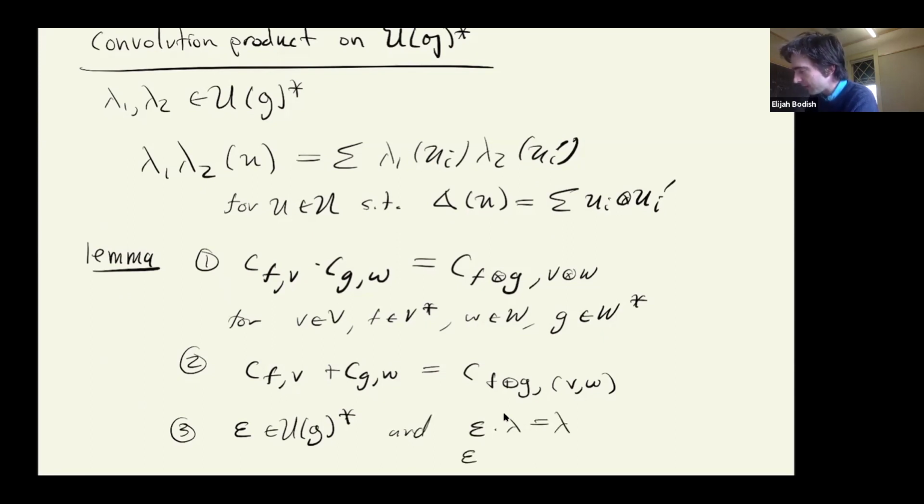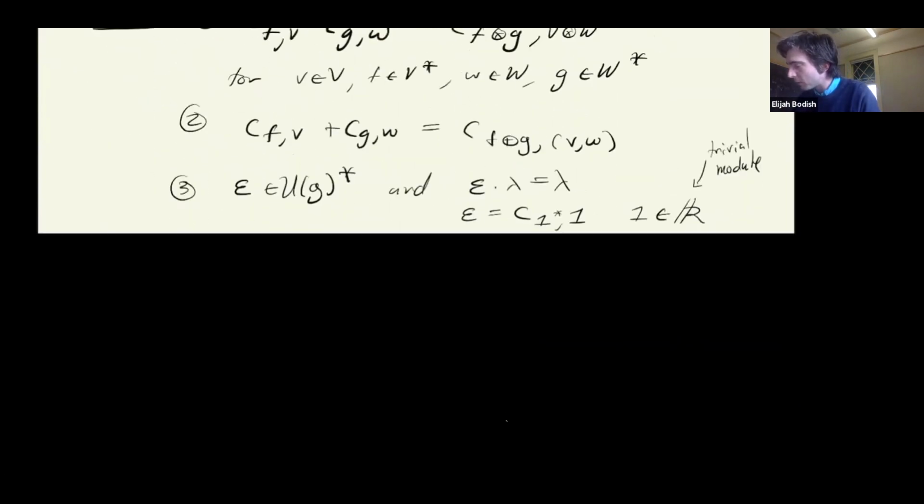Moreover, the co-unit is a matrix coefficient, because it's the matrix coefficient for the dual basis vector and the basis vector in the trivial module, because the co-multiplication tells you how the enveloping algebra acts on the trivial module. So we have these nice relations for the matrix coefficients.